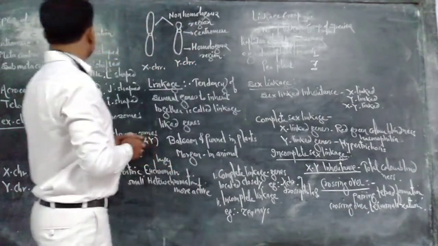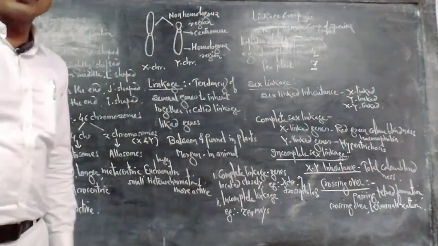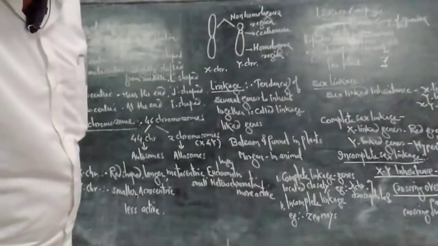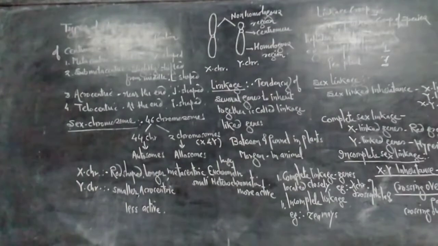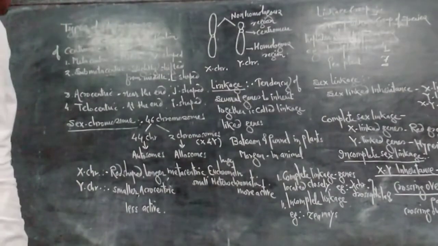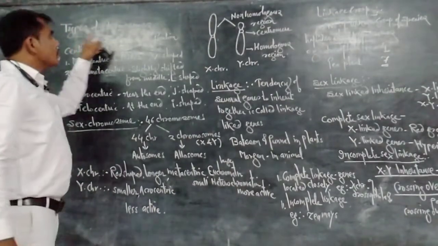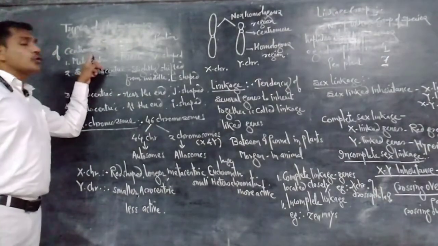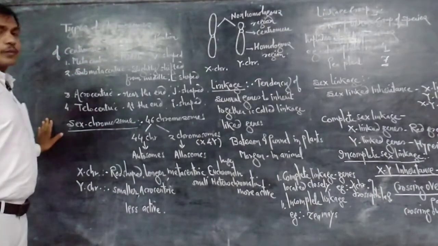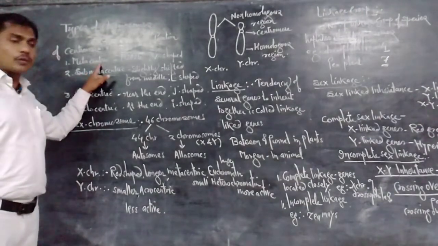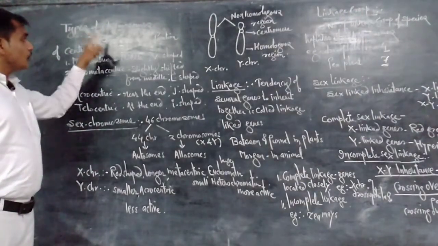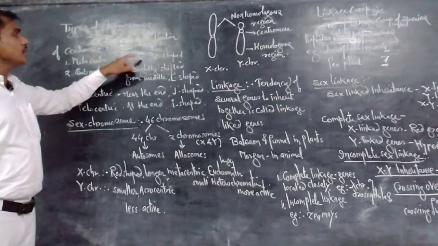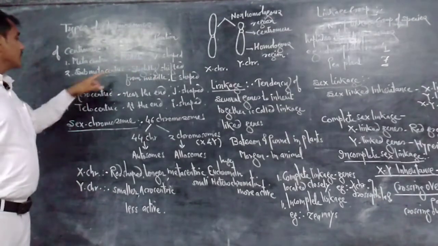Now see here, last time we discussed the chromosomes. Now see the types of chromosomes. On the basis of position of the centromere, there are 4 types. Metacentric chromosome: the centromere is located at the middle, so at anaphase it appears V-shaped.